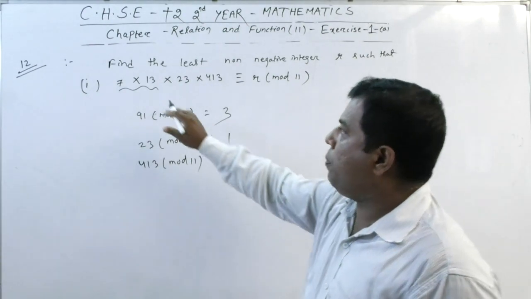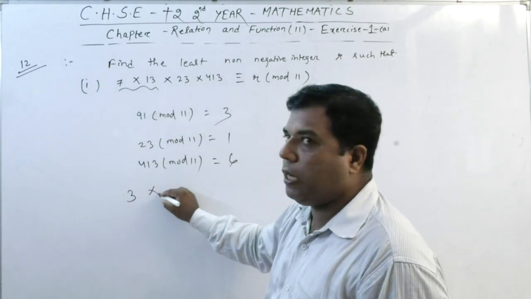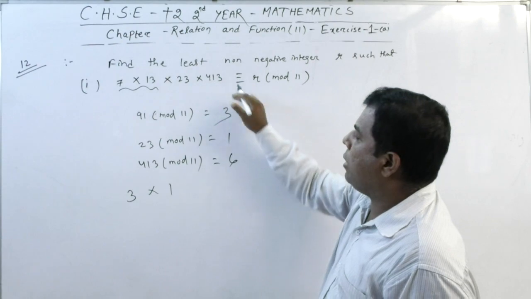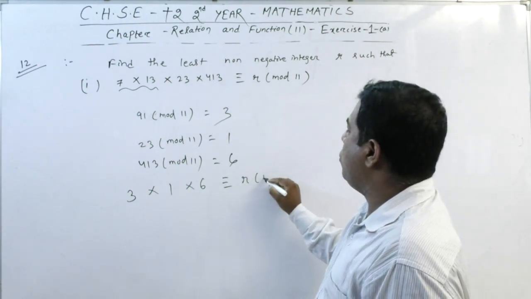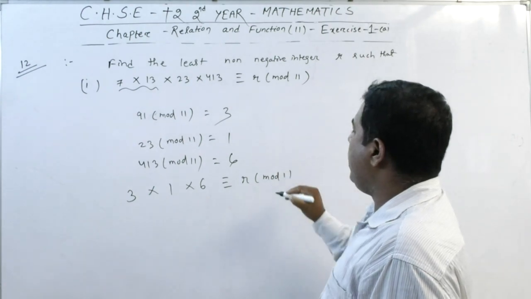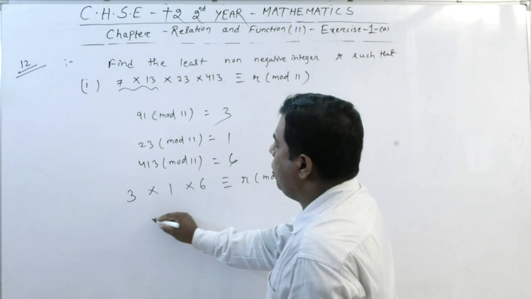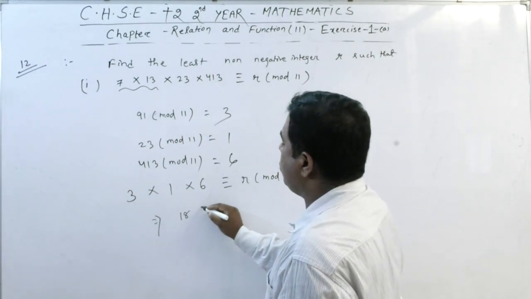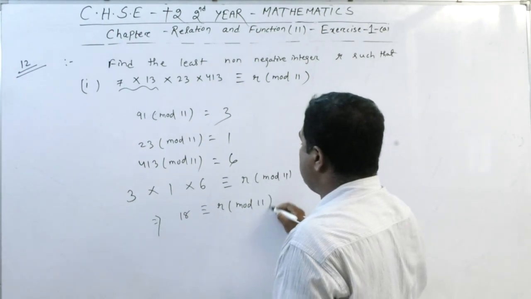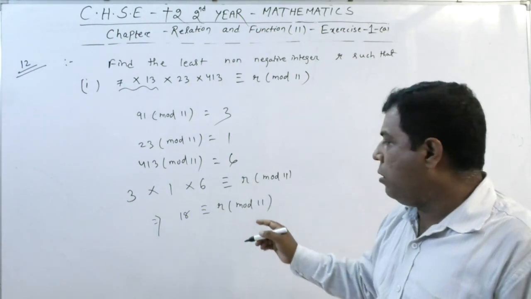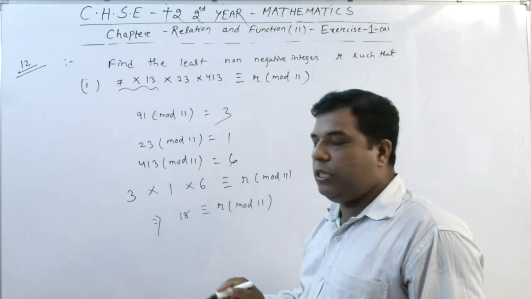So what do we obtain from these results? We obtain 3, for this single one 1, and for this 6, is congruent to r modulo 11. So now you obtain 18 is congruent to r modulo 11. Now you can see which number, when subtracted from r, gives an integer.